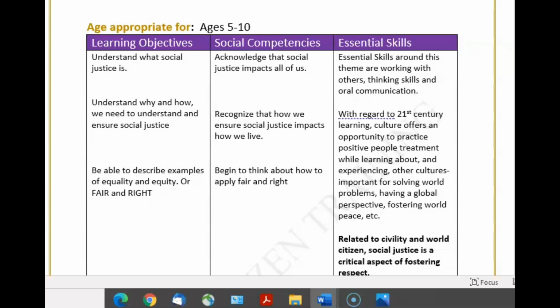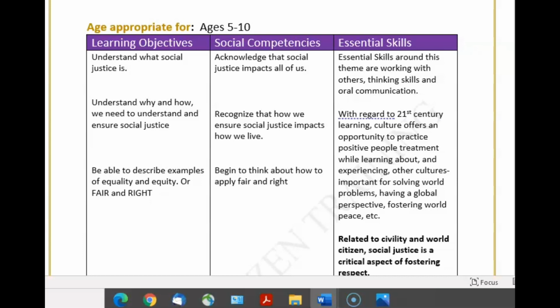So a lot of this content relates to the 21st century learning framework in terms of the information tied to culture, that collaboration and problem solving is really important, and a lot of the problems that, for example, the United Nations are trying to resolve relate to aspects of equity or inequity or inequality specifically.